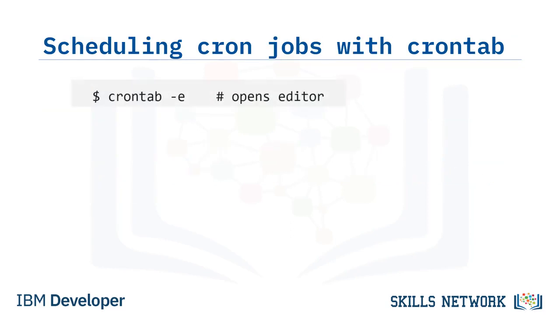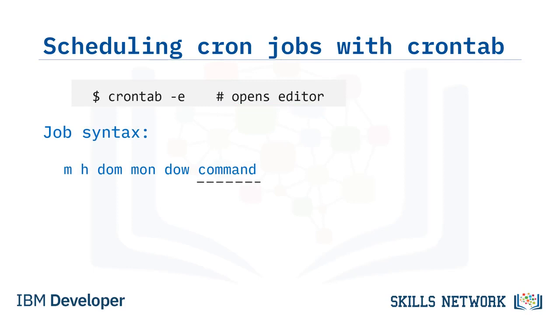Entering crontab -e on the command line opens the default text editor. Using the editor, you can specify a new schedule and a command, which has the following syntax. Command can be any shell command, including a call to a shell script. The symbols stand for minute, hour, day of month, month, and day of week.